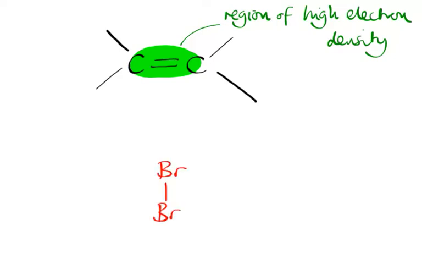And in this first example we're going to look at bromine. Now, you're quite right in saying that bromine shouldn't really be an electrophile. It's a non-polar molecule, so neither of these bromines is short of electrons.